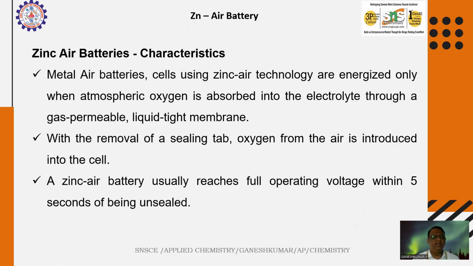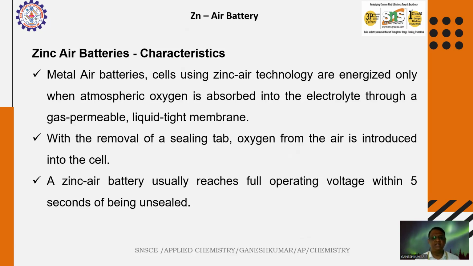What are the characteristics of a Zinc-Air Battery? The metal-air battery cells, zinc and air, use a technology energized only with atmospheric oxygen, when the atmospheric oxygen is absorbed into the electrolyte through a gas-permeable, liquid-tight membrane.